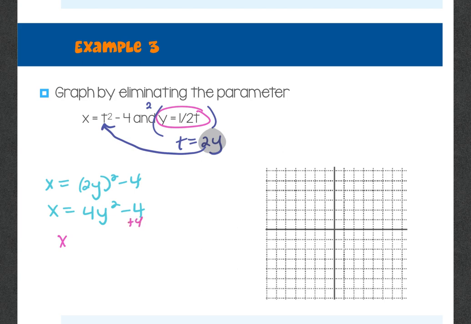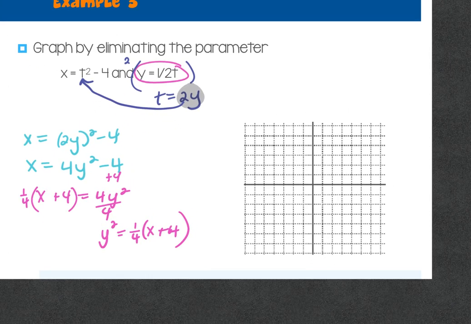I would add this 4, and then divide everything by 4 or multiply by a 4th. So it is y squared equals 1/4 x plus 4.